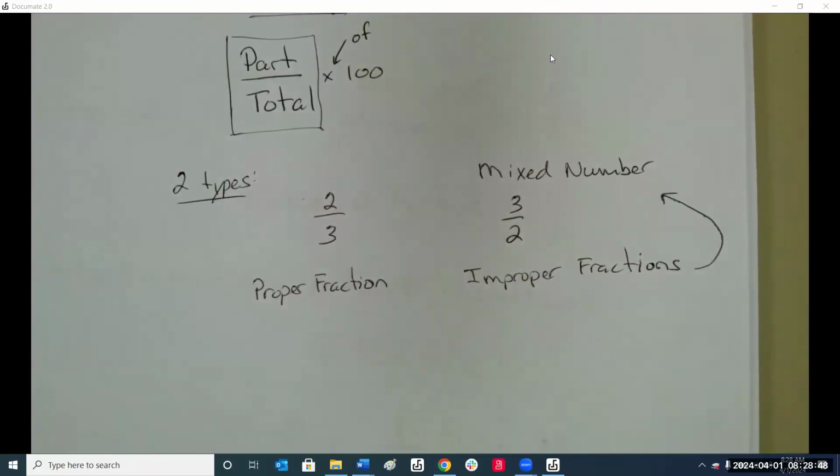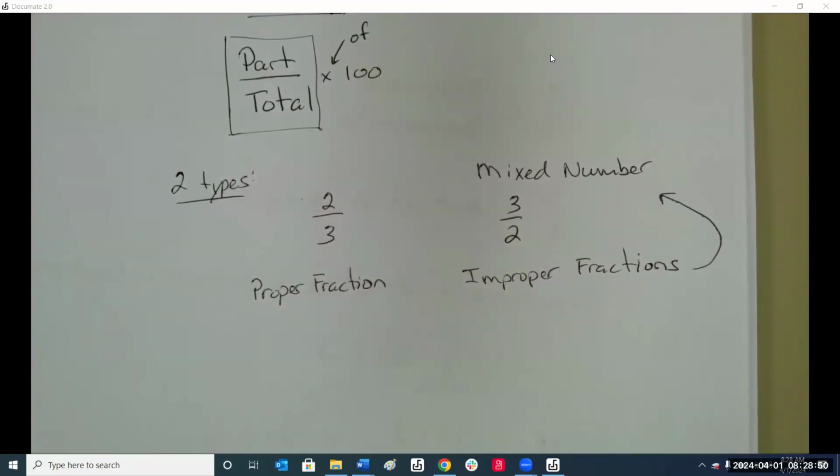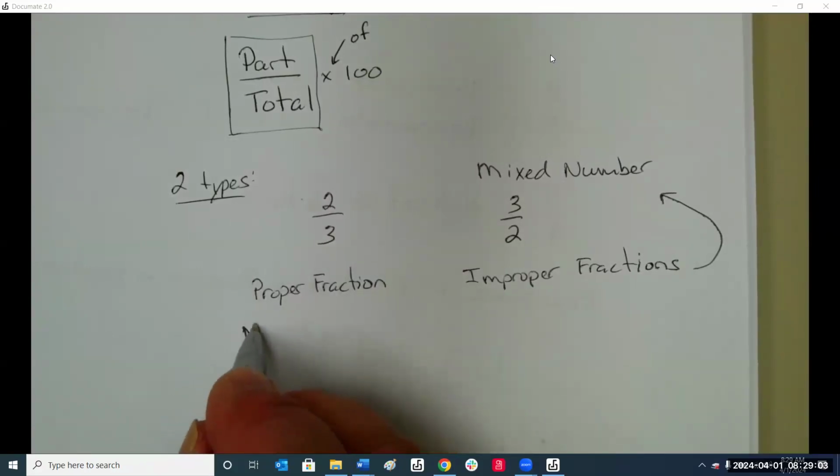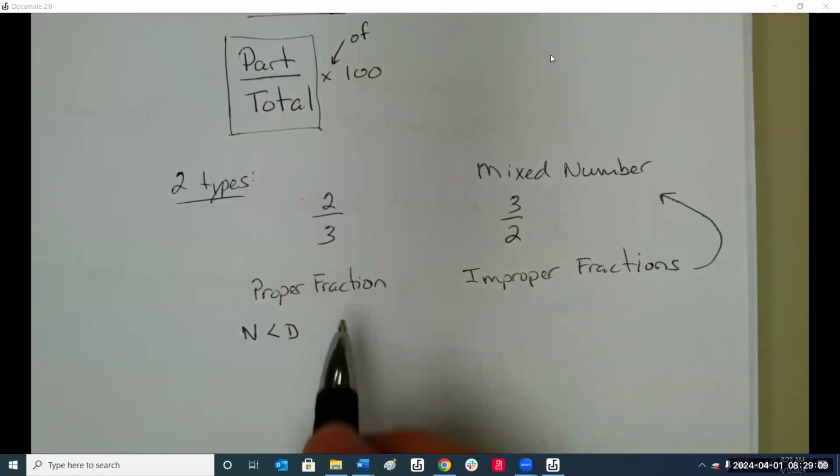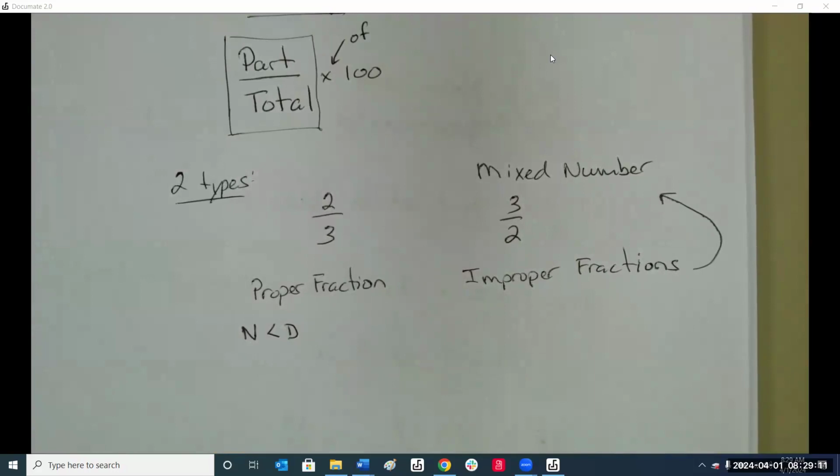Okay, with that, what do we notice about these two different sets of numbers? Proper fractions are what? Okay, the numerator is less than the denominator. Since that's right, what is the number always going to be?